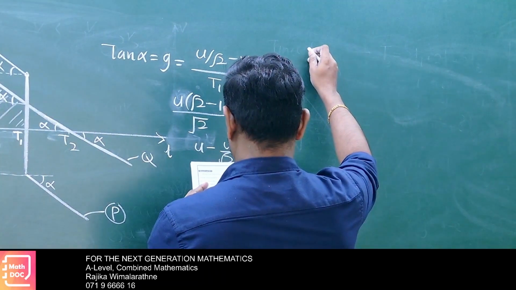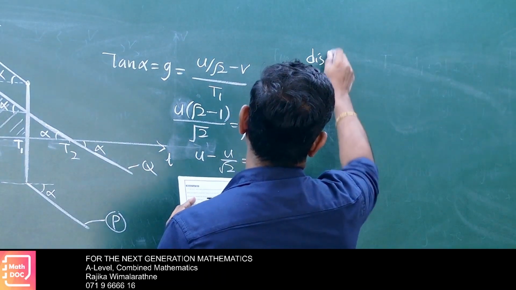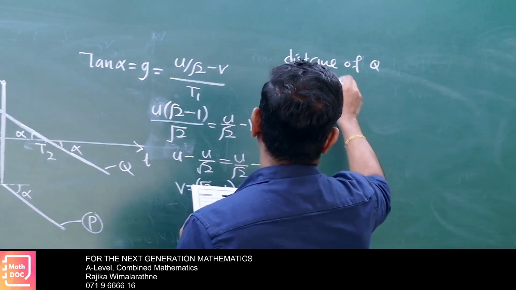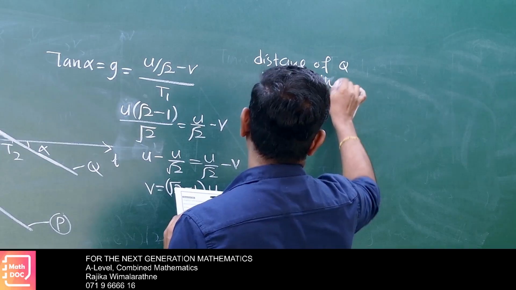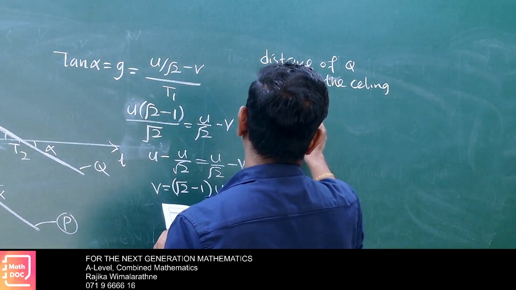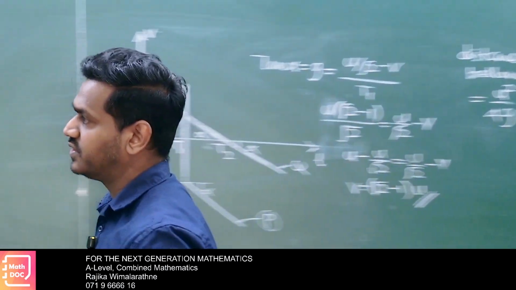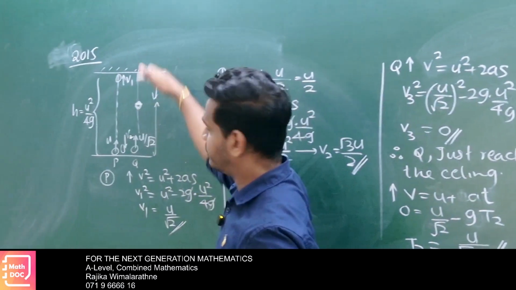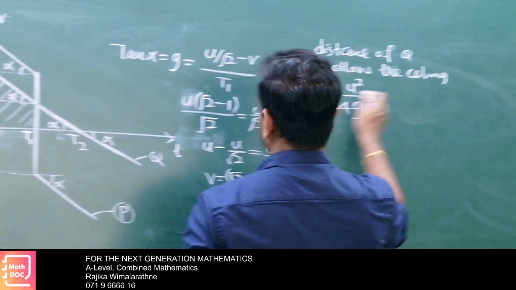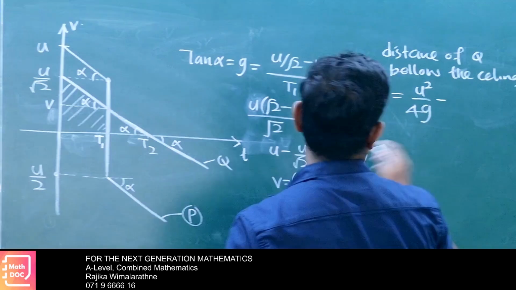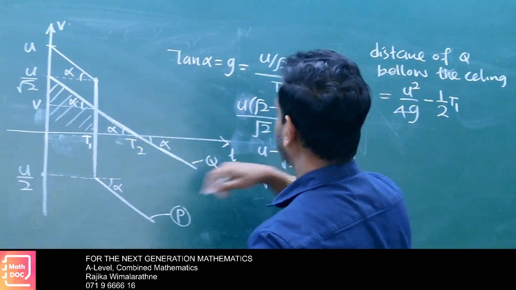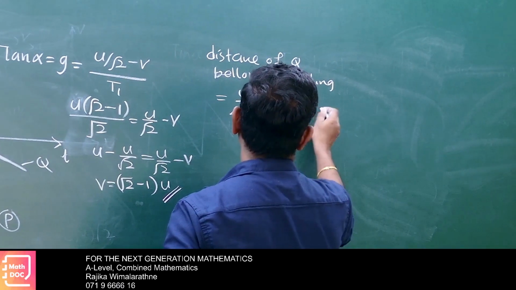Then the distance of Q below the ceiling is U squared over 4g, the distance between floor and ceiling, minus this shaded area: half times t1 times U over root 2 plus v.